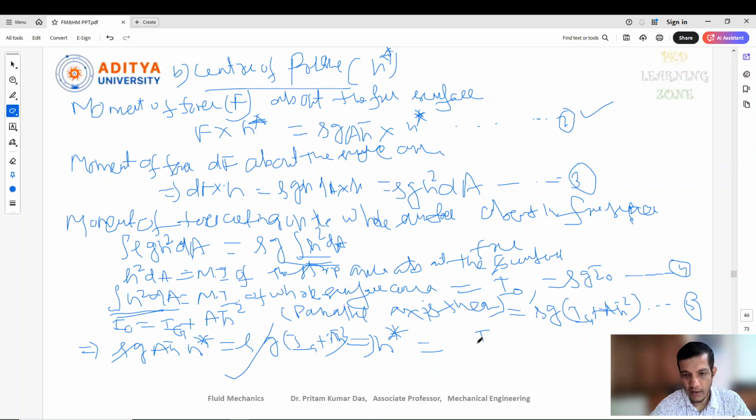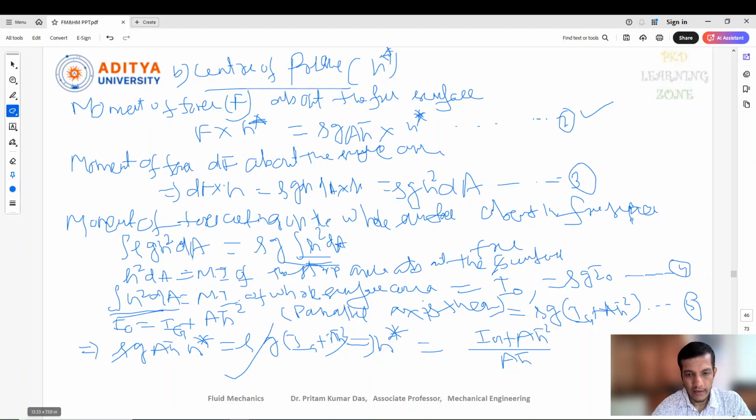That means Ig plus A h bar square divided by A h bar. Now split this one.